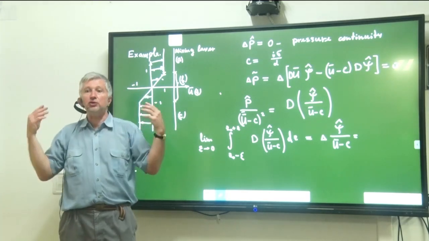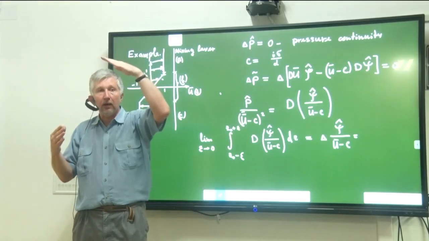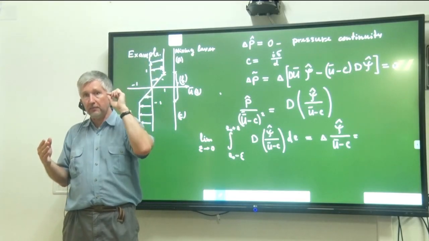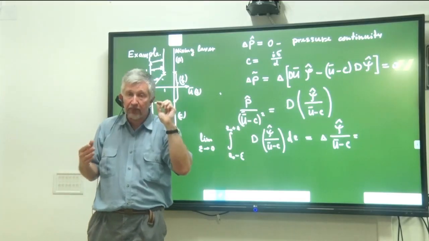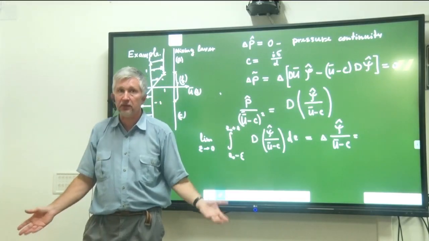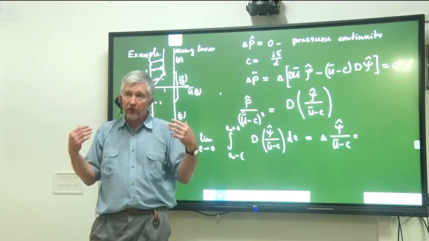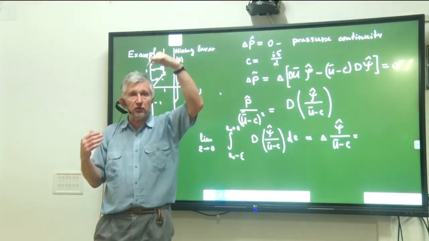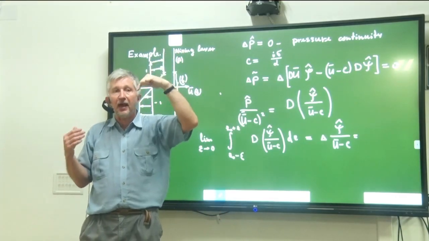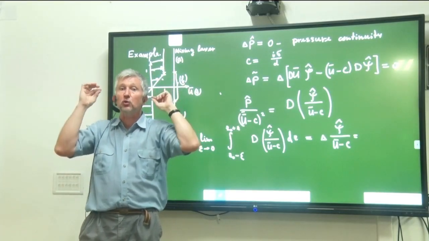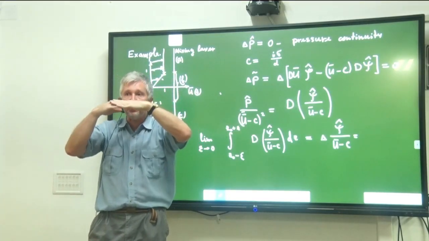We have to make sure that we are going from one region to another in such a way that pressure remains constant, because if pressure starts jumping, we will have explosion, physical explosion, and that is not possible. To avoid that, we need to ensure continuity of pressure, and that means that we will have to enforce extra conditions, which we call continuity conditions or jump conditions, inside the layer.